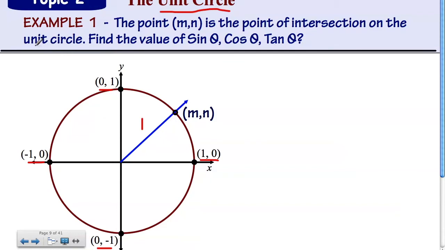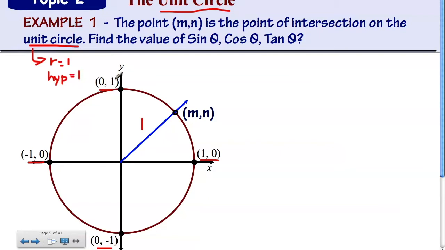So the key thing is when you see the word unit circle, just remember that the radius equals 1, which helps you with the hypotenuse, the longest side of the triangle, because we're going to create a triangle here. The hypotenuse side is also equal to 1. Okay, so just remember that.